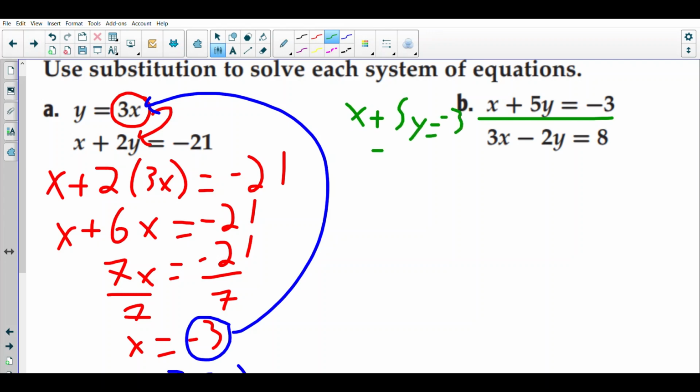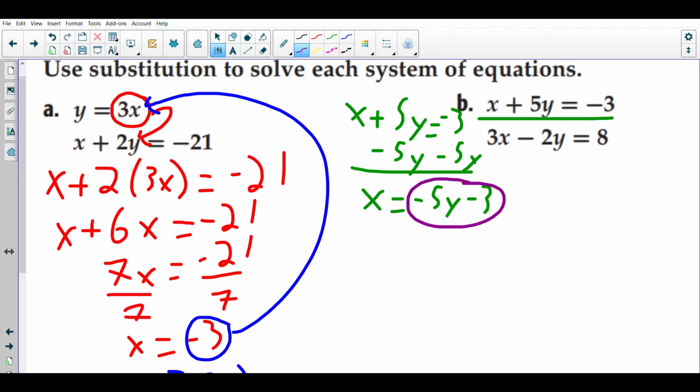All I have to do is subtract 5y from both sides, and that tells me that x is equal to -5y minus 3. So all I had to do was just move something. That's really easy. Since I have my x isolated, I'm going to take that -5y minus 3 and plug it into the other equation where x is.